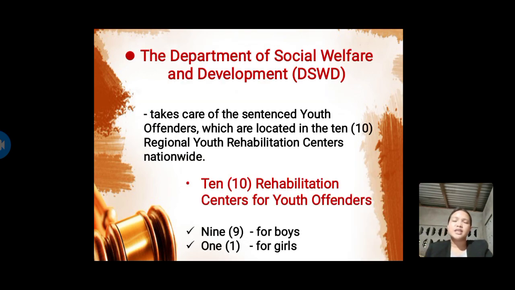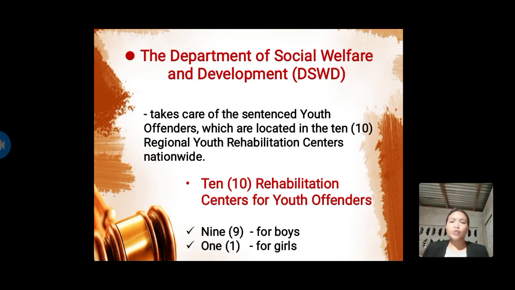Next we have the DSWD or the Department of Social Welfare and Development. They take care of the sentenced youth offenders, who are located in the 10 regional youth rehabilitation centers nationwide. So we have 10 rehabilitation centers here in the Philippines for the youth offenders. There are nine facilities for boys and one for girls.